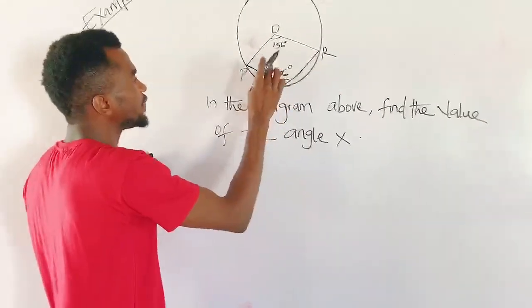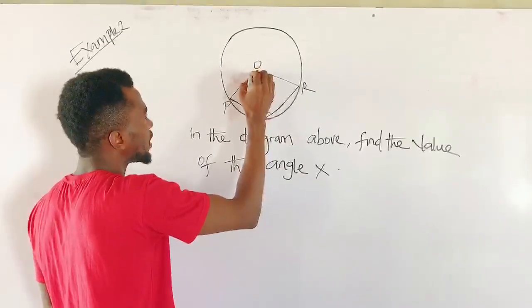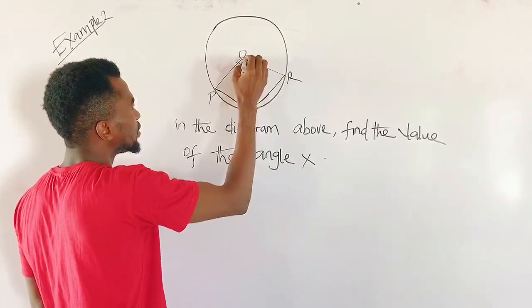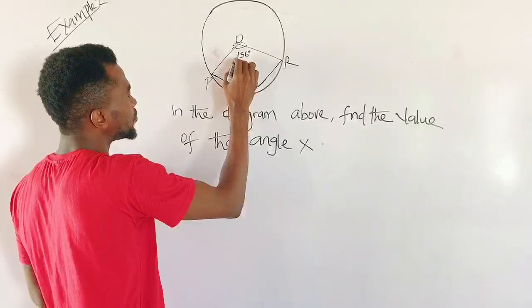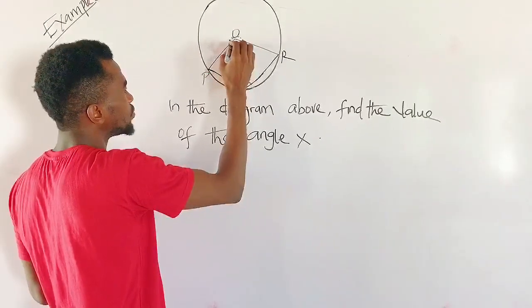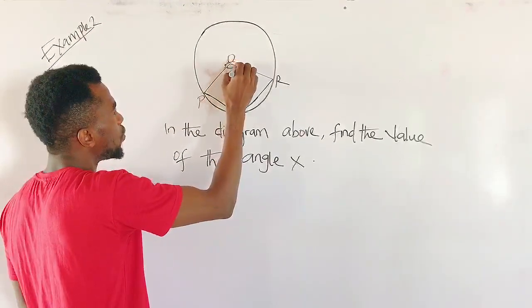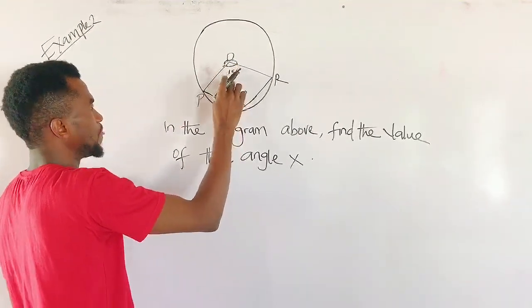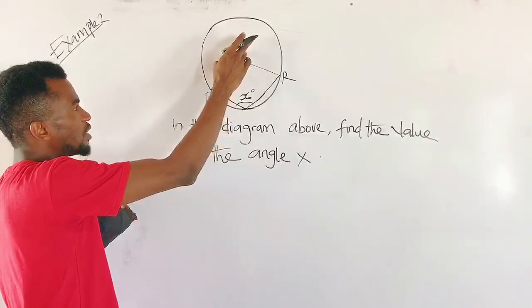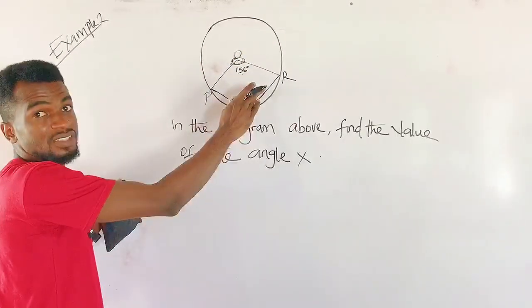So for us to get here, first we have to get the angle at the center, which is from here to here. And we were told that from here to here is 156 degrees. So we have to get this angle O first, so that we'll be able to divide angle O by 2 to give us the x degrees.